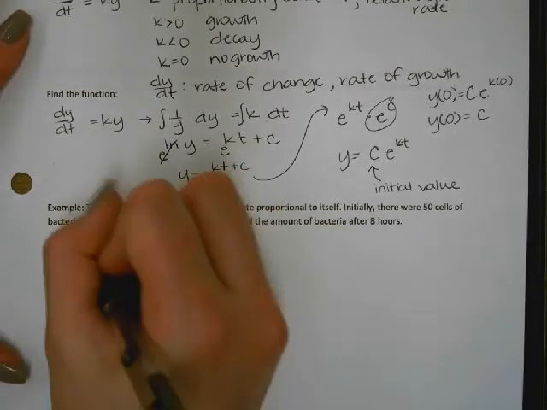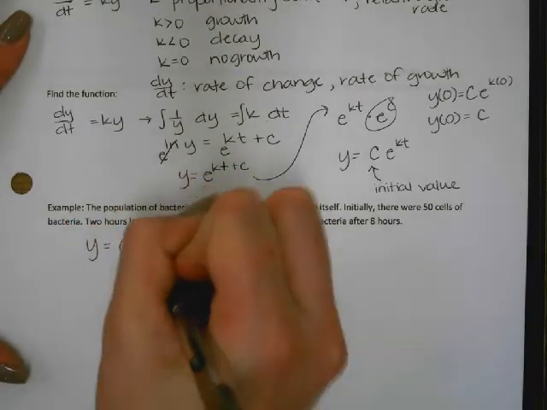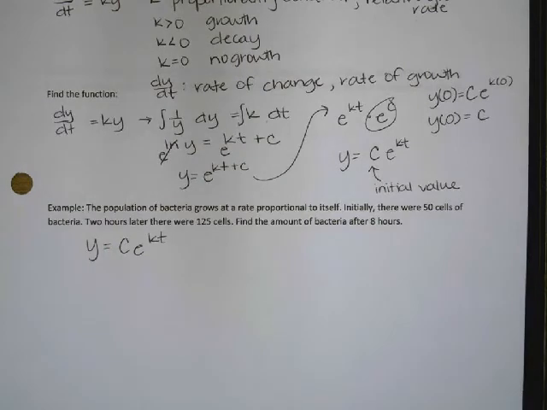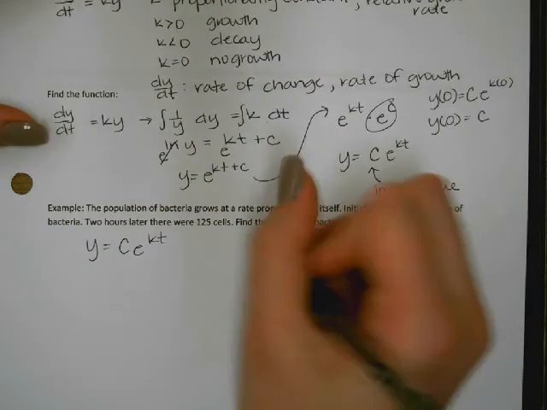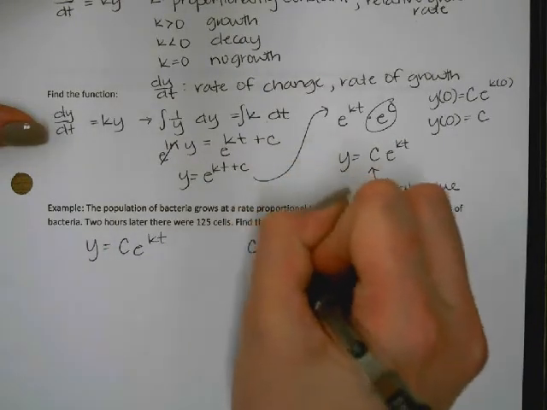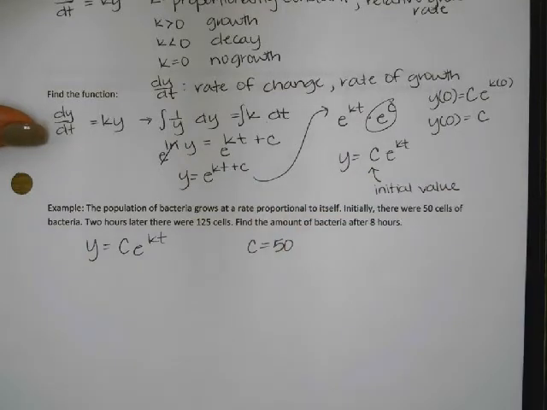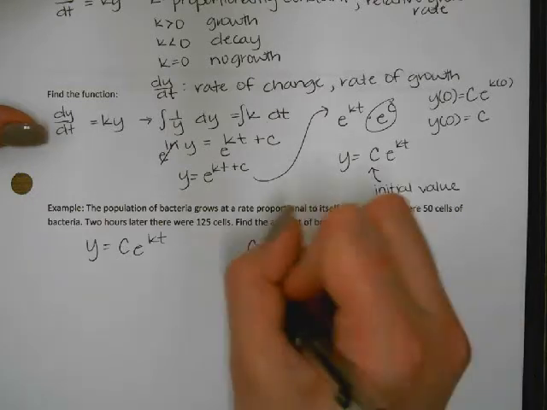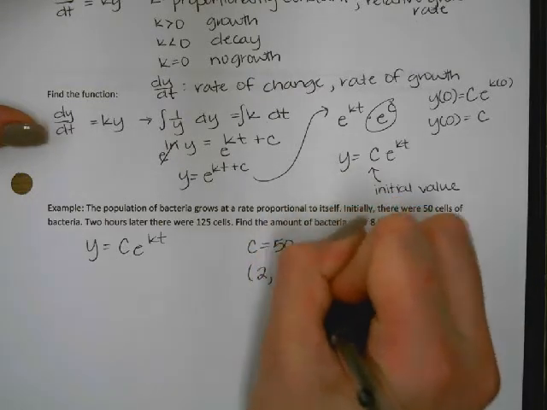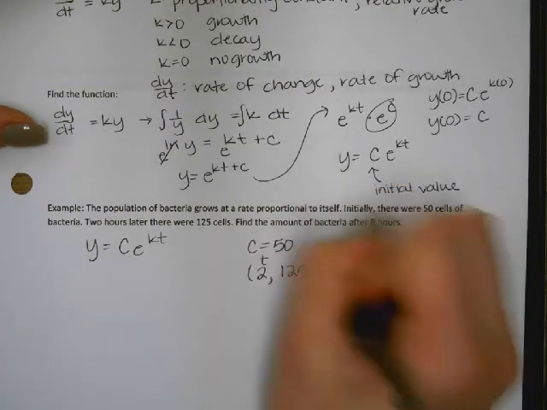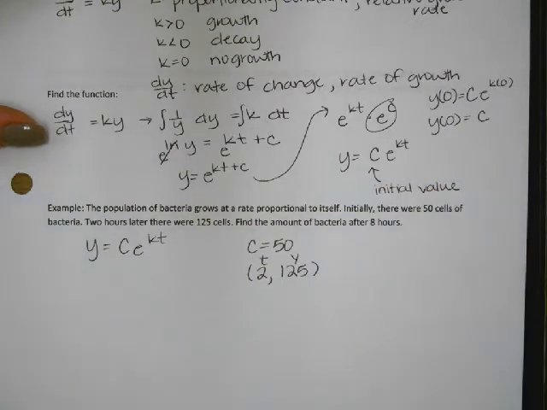So I'm going to start off saying that this is the equation that I'm using. I know that my initial value is 50, and I know that 2 hours later there's 125 cells. So I know that at 2 hours there's 125 cells. So that's my t value, that's my y value.